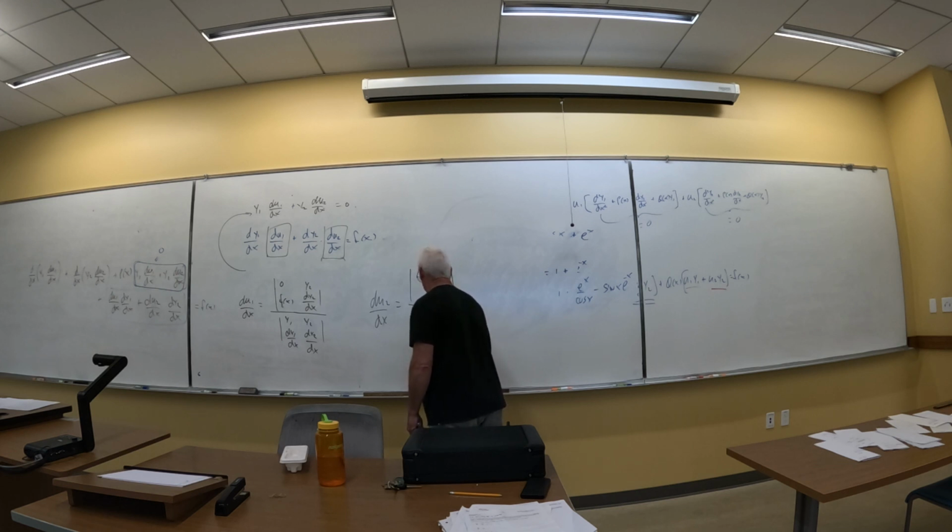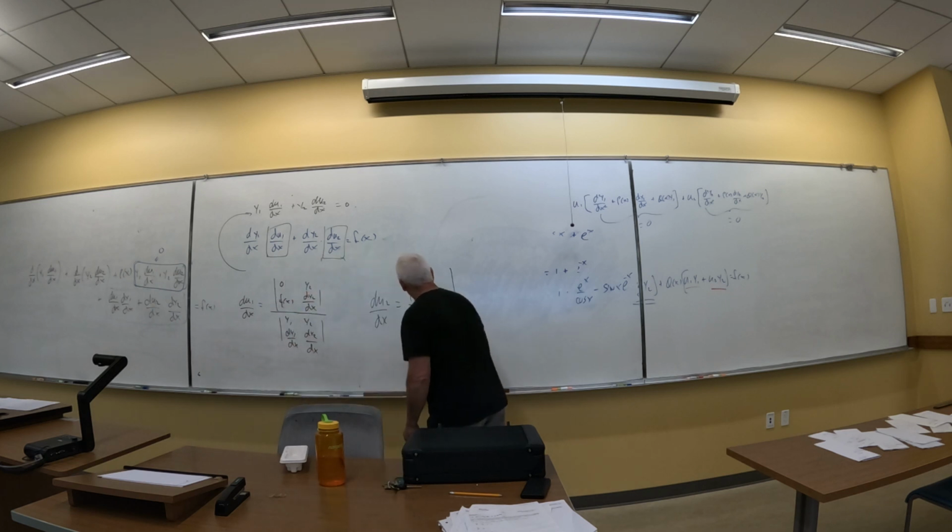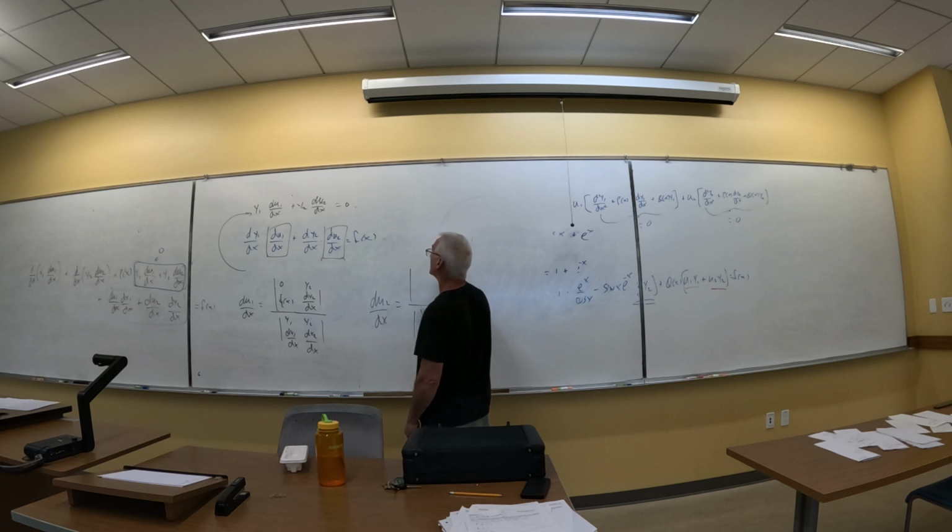And we're going to actually give these guys names. I had it right the first time. y1, dy1/dx. This is dy2/dx. And now this column becomes the, see, this is the opposite side.